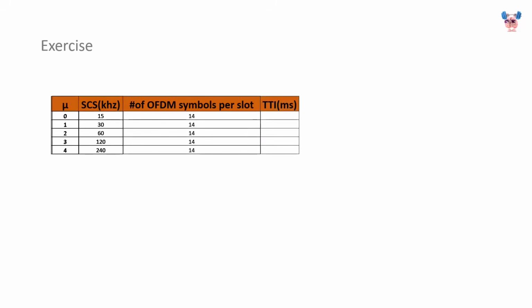What about TTI? Awesome. Everybody is giving the right answer. It will be 1 millisecond in case of 0, and in case of 4, it will be 0.0625. It will decrease a lot.